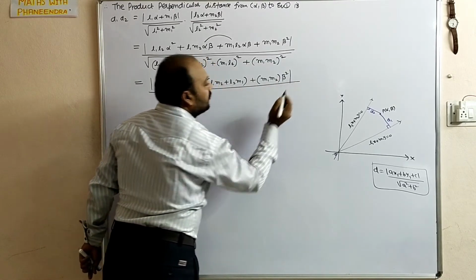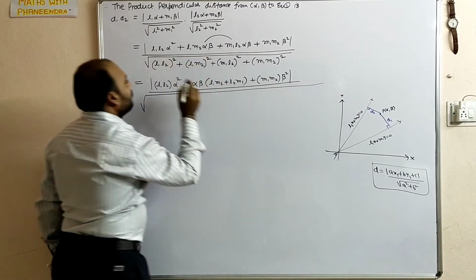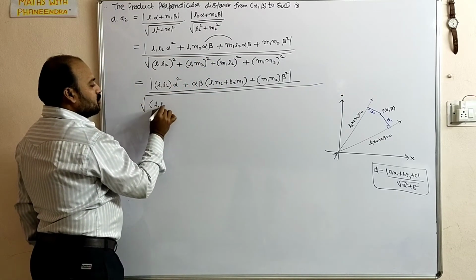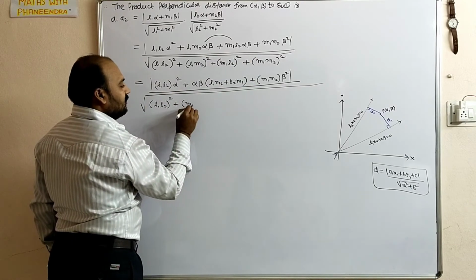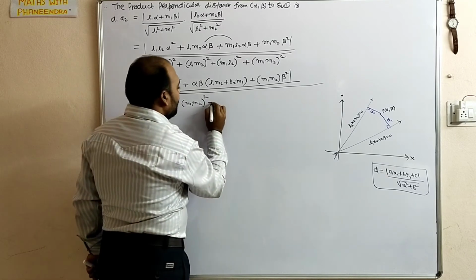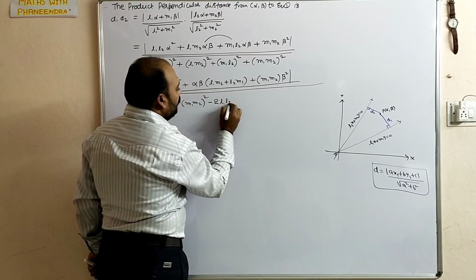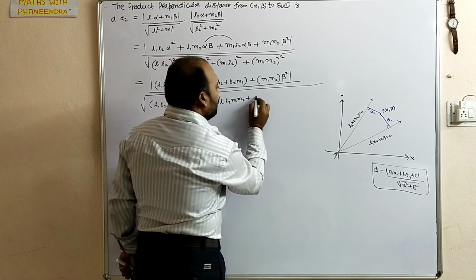Divided by square root of L1 L2 whole square plus last term we can write as the second term here, M1 M2 whole square. We are subtracting 2 L1 L2 M1 M2, plus we are adding 2 L1 L2 M1 M2.